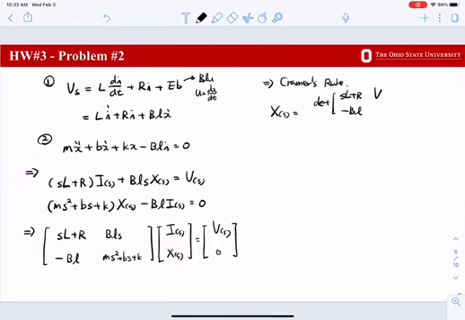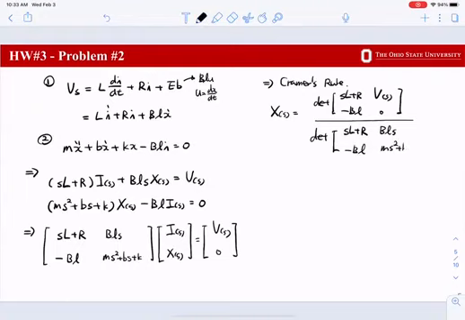So you get X(s) equals minus BL over... because this should be 0... yeah, I think it should be plus.